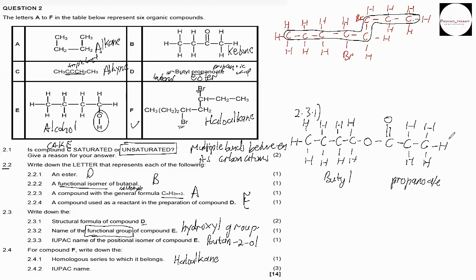So that means we will start numbering from up there. So this is 1, 2, 3, 4, 5, 6, 7, 8, right? And then we can see that our substituents are in the 3rd carbon and the 5th carbon.